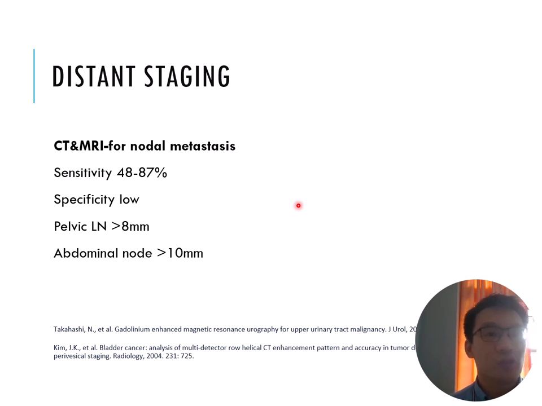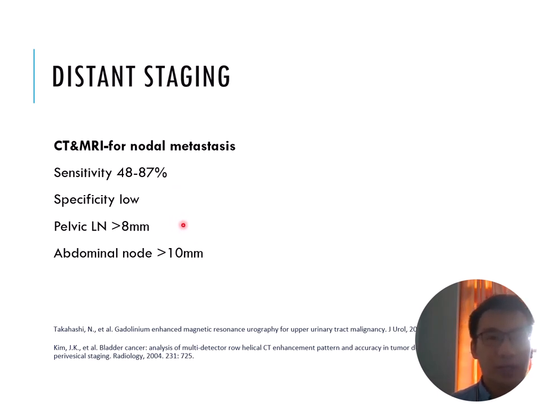Once you have confirmed the patient to have either a bladder cancer or upper tract cancer, you can perform distant staging. You can do a CT and MRI to look for distant metastasis. To detect a nodal metastasis, the sensitivity is actually 48 to 87%, with low specificity.